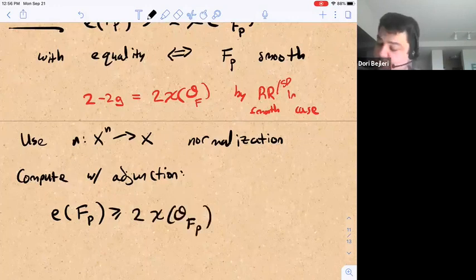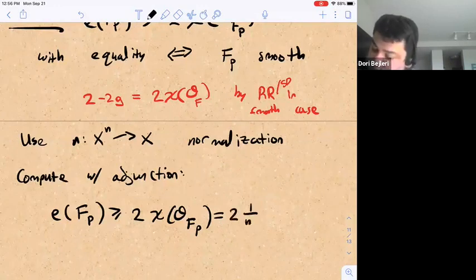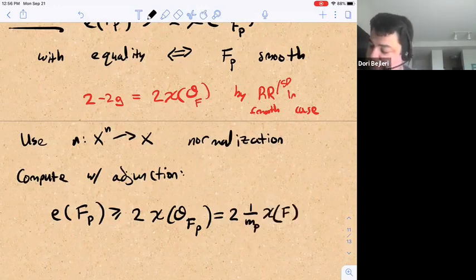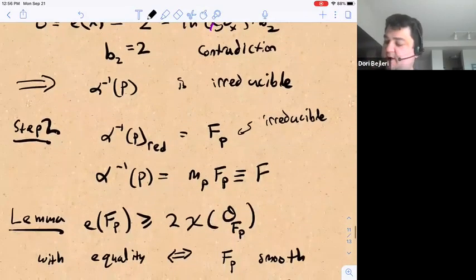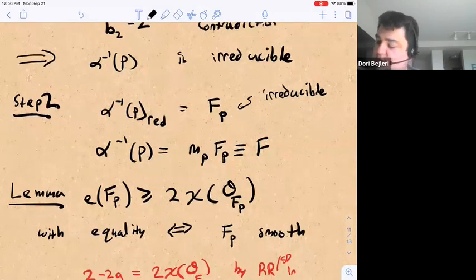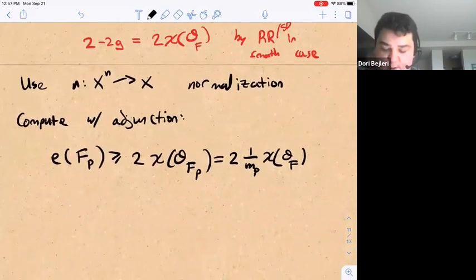And then using adjunction and Riemann-Roch, you can compute that this is the same as 2 times 1 over m times the Euler characteristic of O of the fiber, essentially using that mp times Fp is the fiber, and then that you can compute these things by intersecting using adjunction. So we get that mp there.